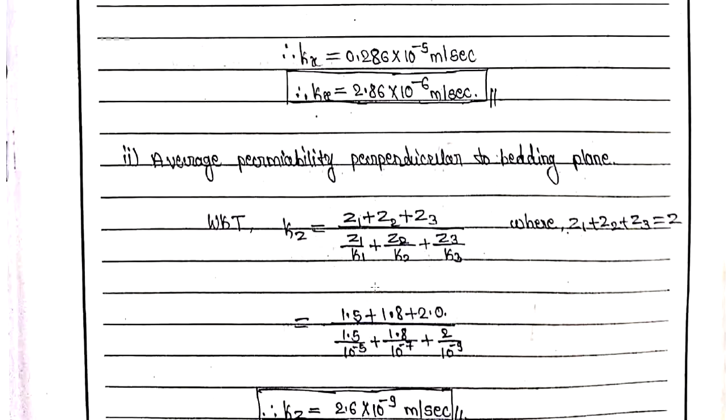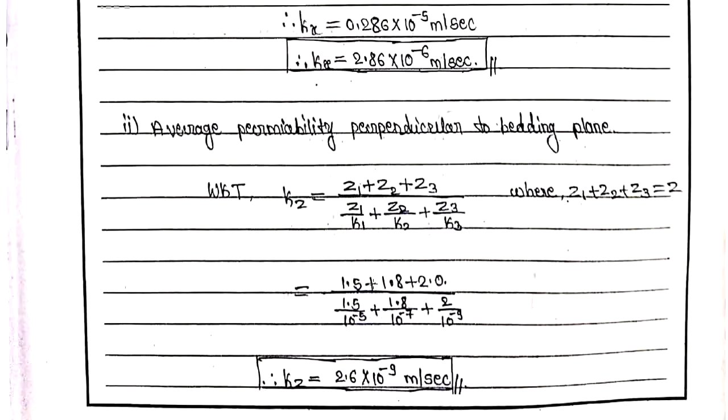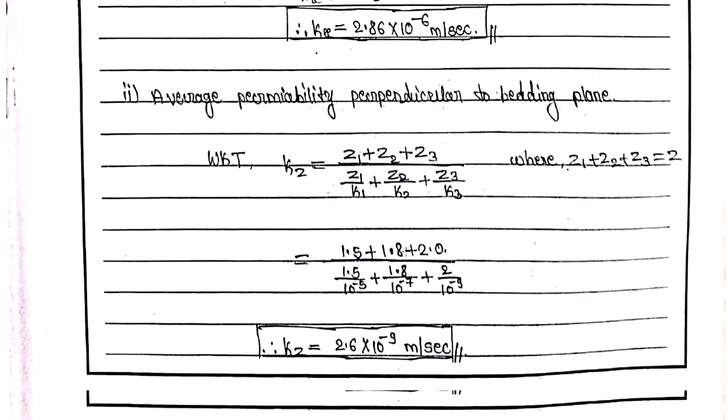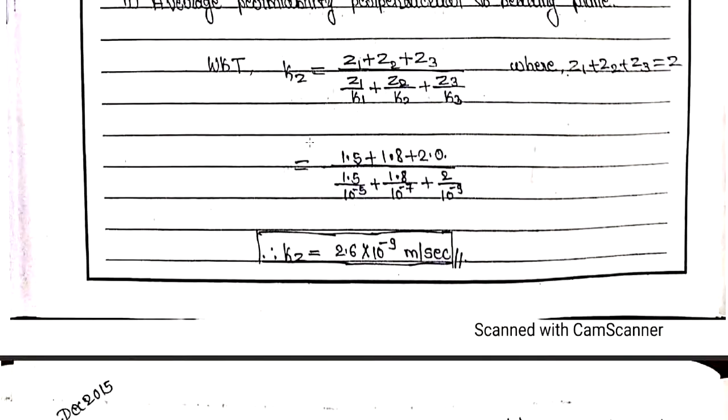In the same way, I substitute all these values and get the answer for Kz. Remember, the unit for K is meter per second. So we have got the answer, for when the flow is perpendicular to the bedding plane.